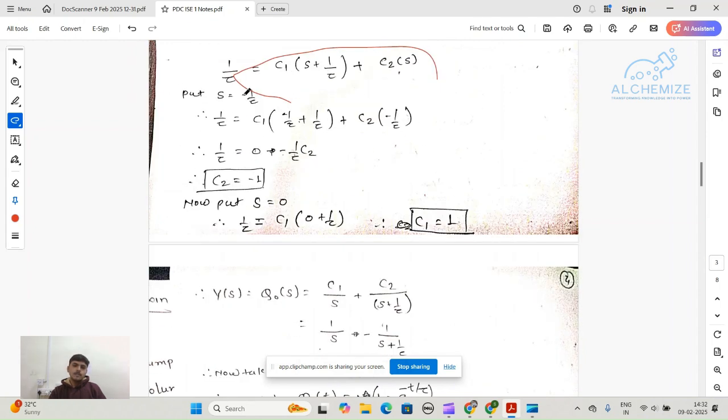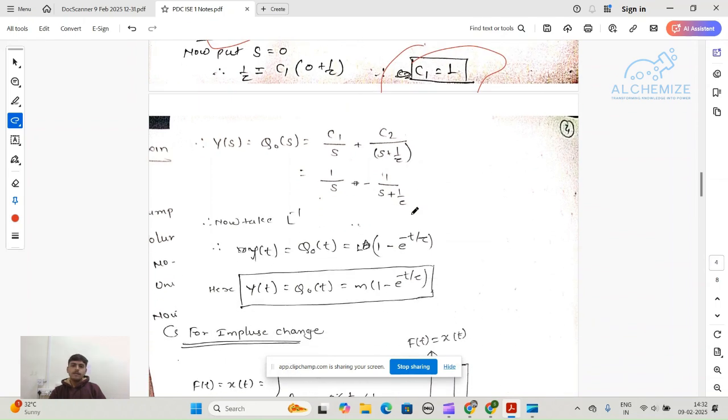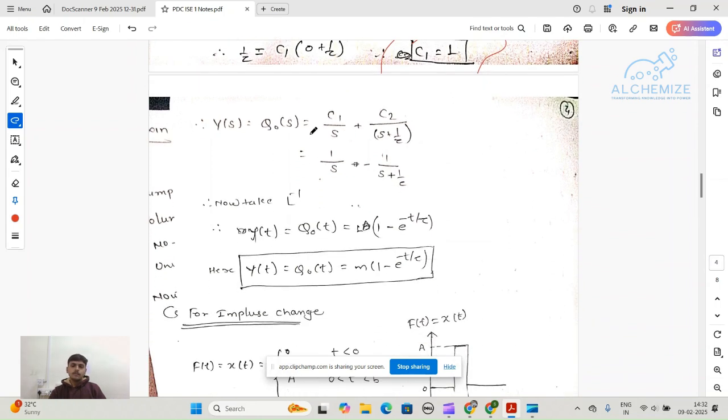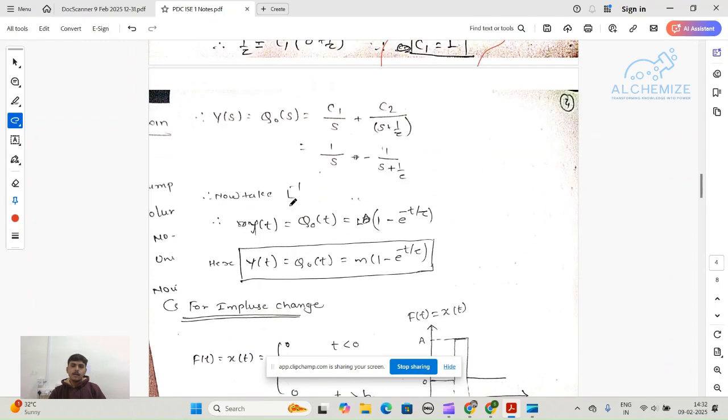So now I put s equal to minus 1 by tau, and I got C2 as minus 1, and C1 as 1. So now after this I am going to put the values of C1 and C2 here, that is 1 and minus 1, and I take the inverse Laplace.